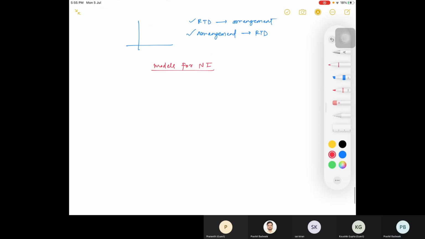There are basically three models. One is the zero parameter model, second is the single parameter model, and the last one is the multi-parameter model.